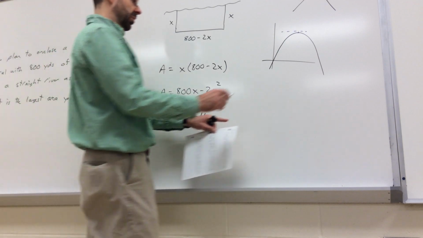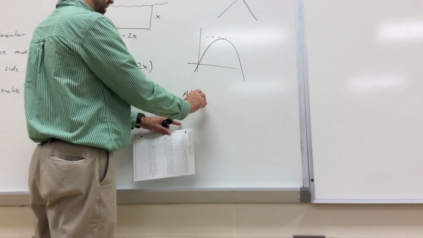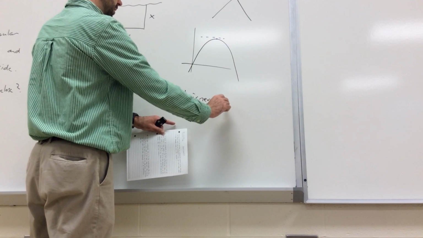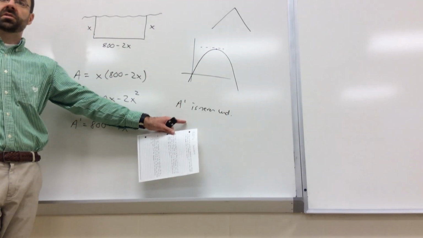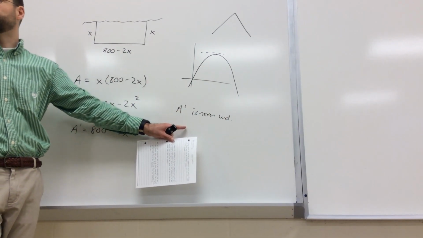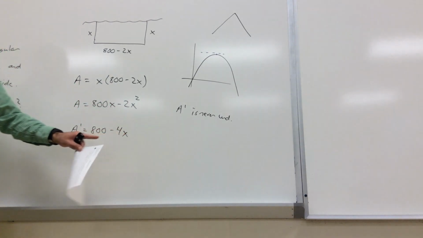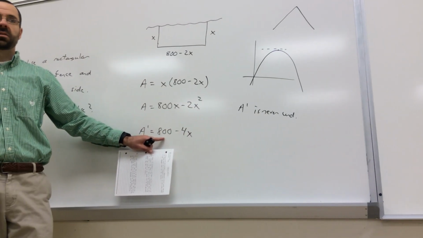Then you make a note that the derivative is never undefined, just so the reader knows that you know to consider that. It's never undefined because it's just a straight line.